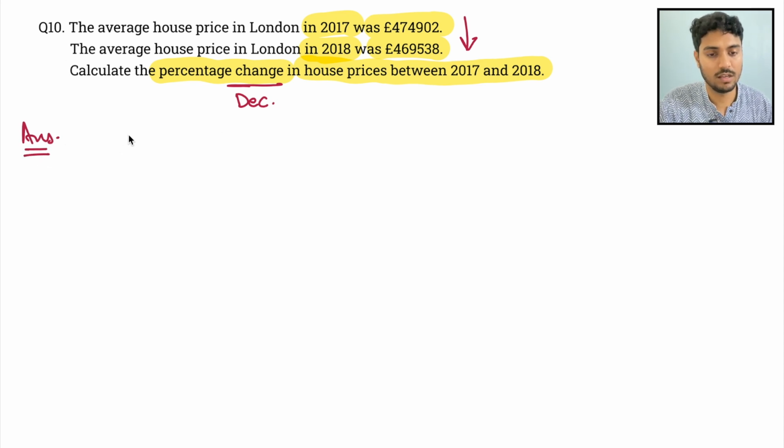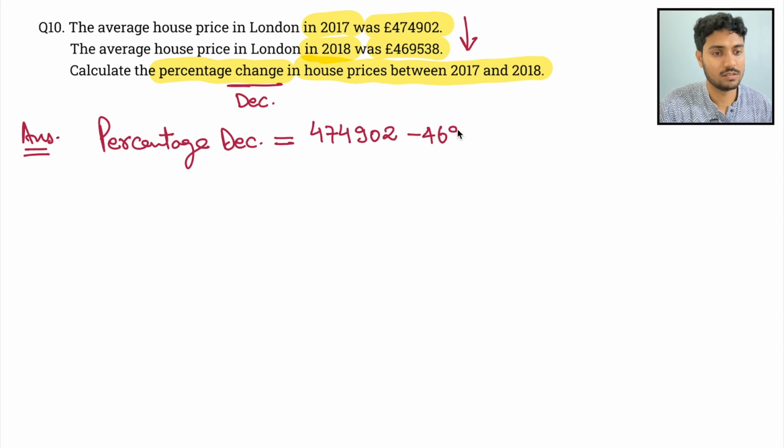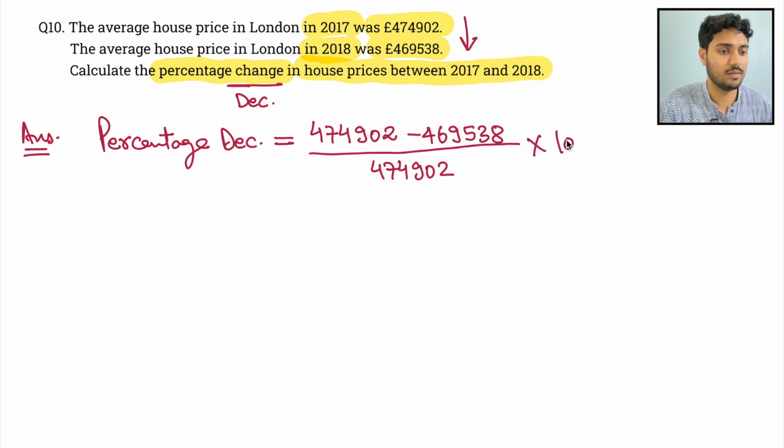So we have to calculate the decrease percentage, or you can say percentage change. This is decrease basically. So percentage decrease is the decrease, which is 474902 minus 469538, divided by the initial value, which was 474902, this fraction multiplied by 100, and that's how you will get your answer.